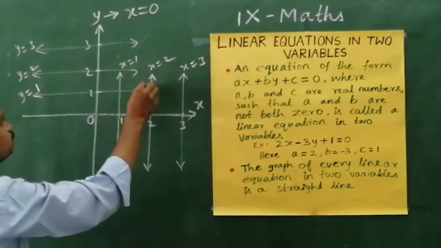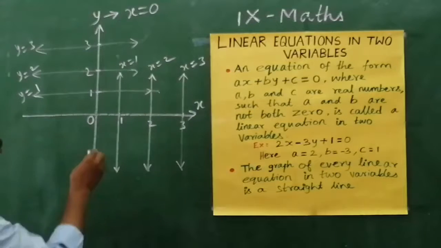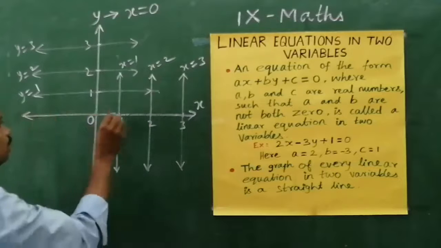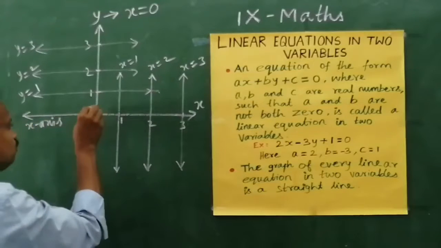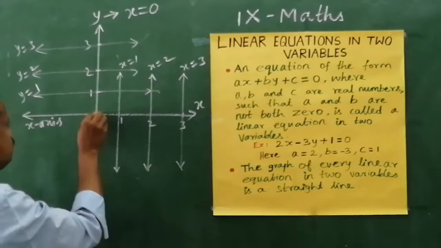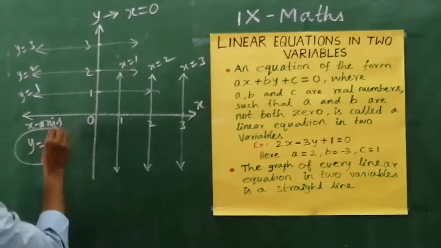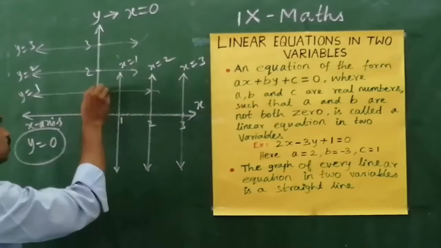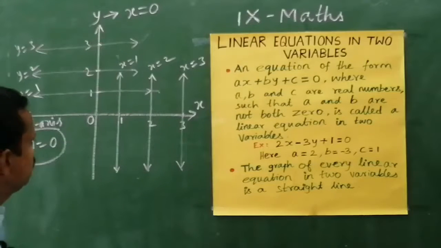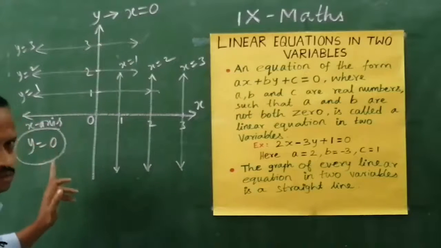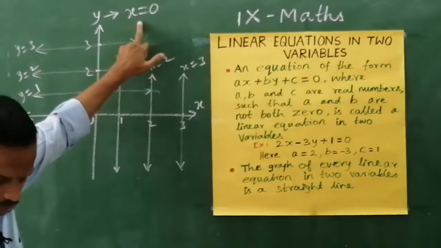So, these lines are parallel to the x axis. So, what about here? This is nothing but the x axis. From here, y equals 0. So, the equation of the x axis is y equals 0, and from here this is y equals 1, this is y equals 2, this is y equals 3. So, like that we can say the equation of the x axis is y equals 0 and the equation of the y axis is x equals 0.